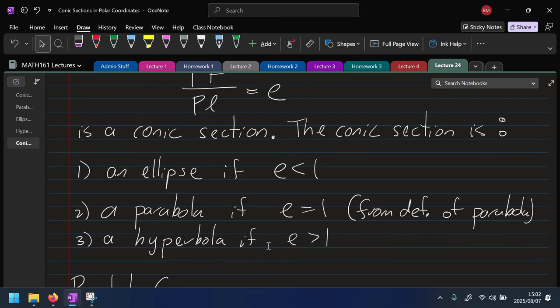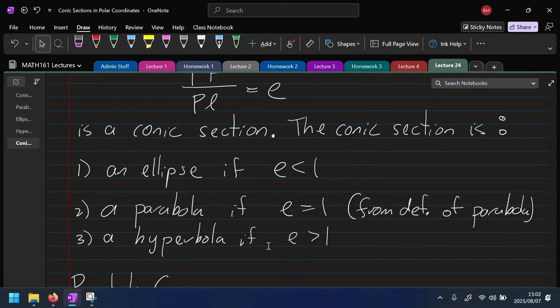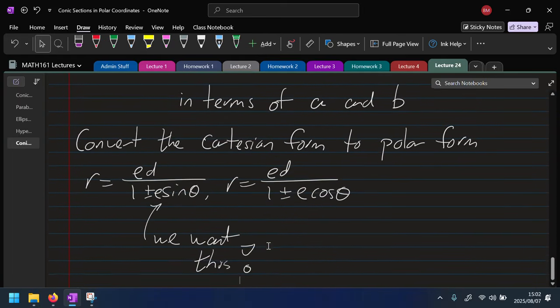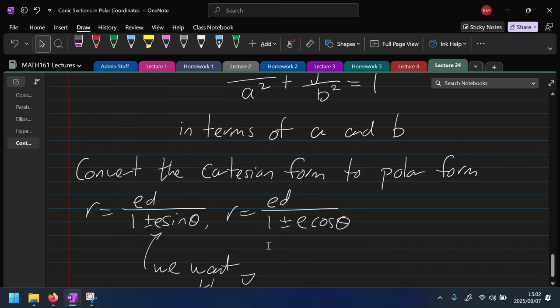Yeah, so you're going to write x is r cos theta, y is r sine theta. We know what r is, I gave it to you there.